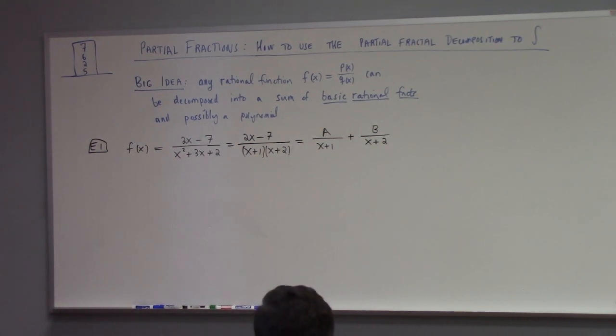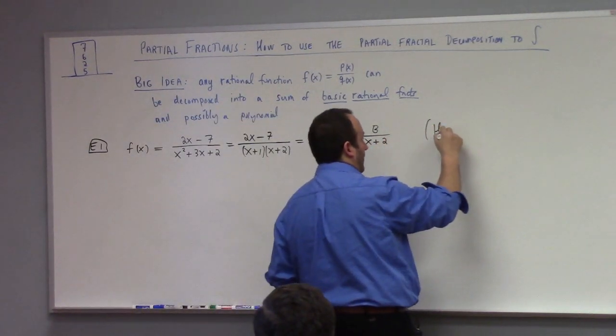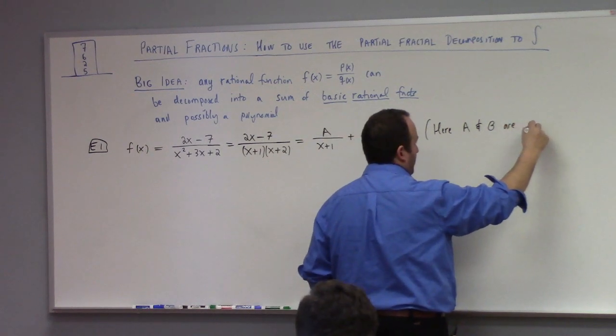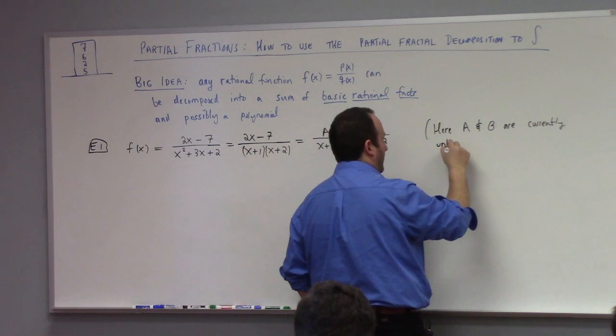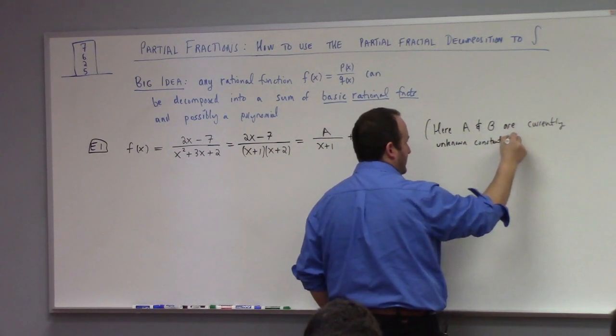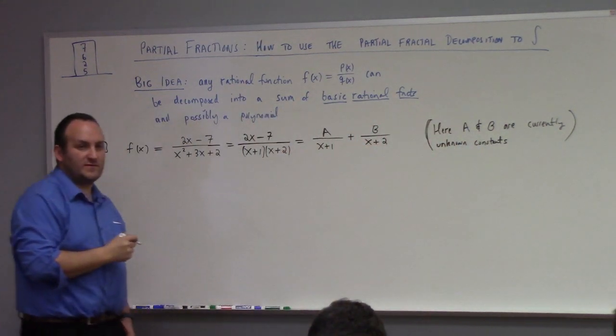All right? Can we find the A and B? How do we find the A and B? Currently unknown. They will be known to us pretty soon, right? About 2 minutes. Let's do the algebra.